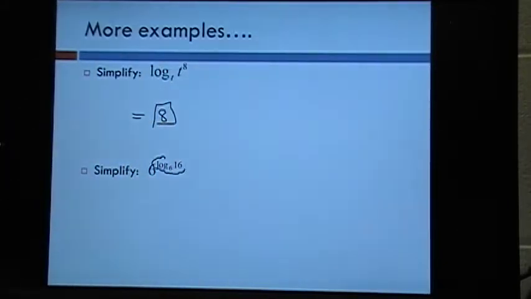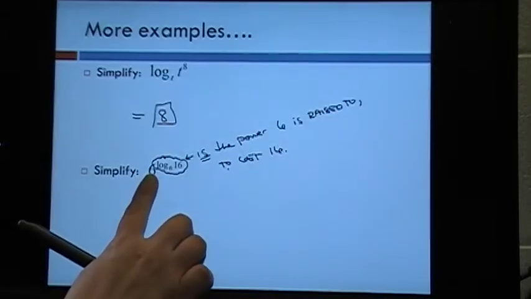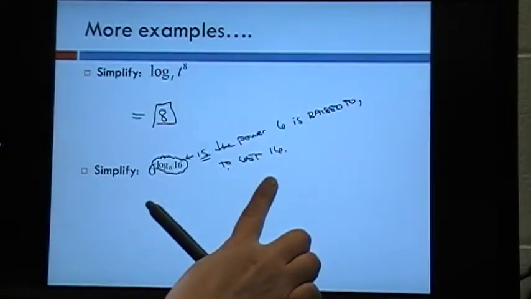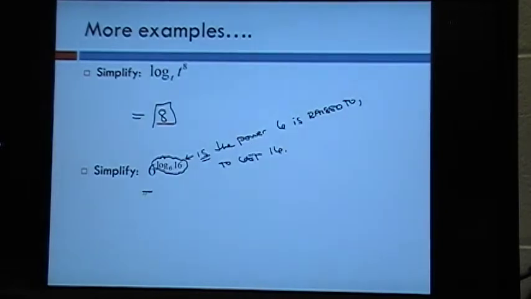Again, log base 6 of 16 is the power 6 is raised to get 16. So if I take 6 and raise it to that power, then I am going to get 16.